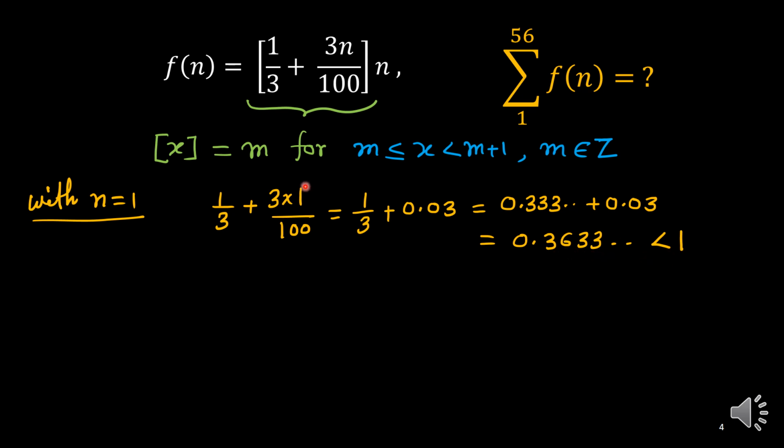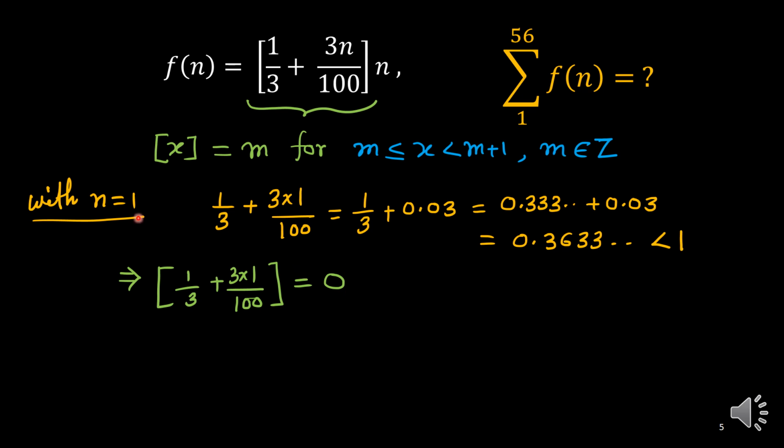It implies that this x is within 0 to 1. So the greatest integer value of this would be 0 only, because 0.3633 has integer part 0. Now with n equal to 1, we have got 0.